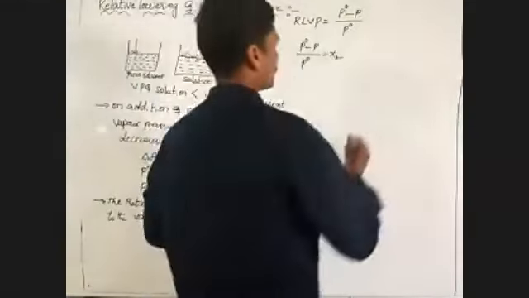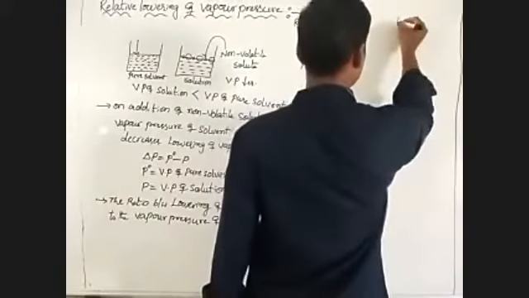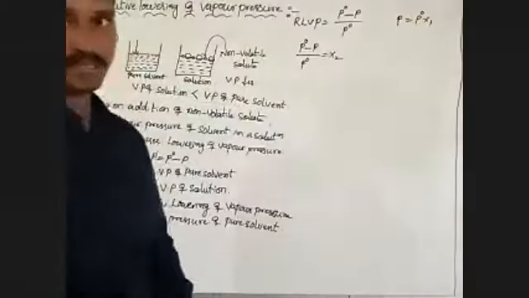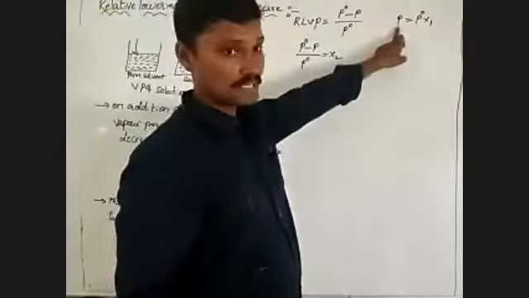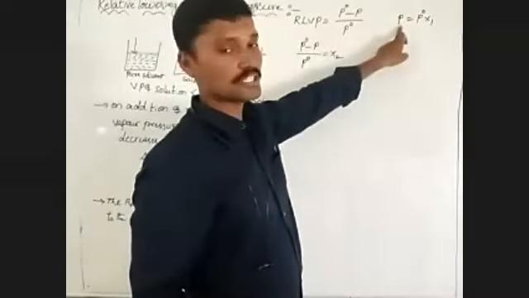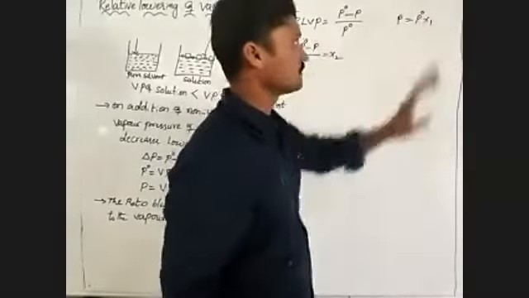This derivation, as per Raoult's law, P is equal to P naught into x1. That means vapor pressure of the solution is directly proportional to the mole fraction of that component.